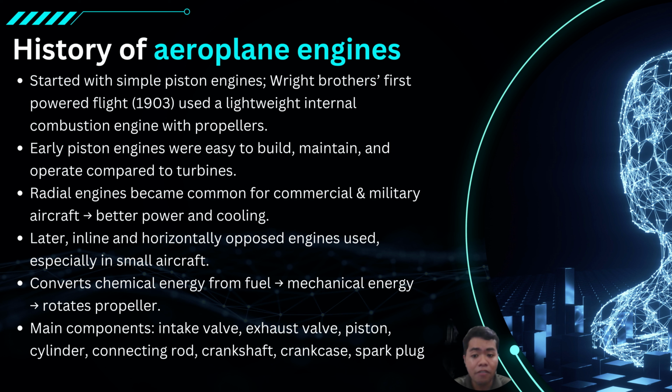Later, horizontally opposed engines were used, especially in small craft, converting chemical energy from fuel into mechanical energy that rotates the propeller. Main components: intake valve, exhaust valve, piston cylinder, connecting rod, crankshaft, crankcase, and spark plug.